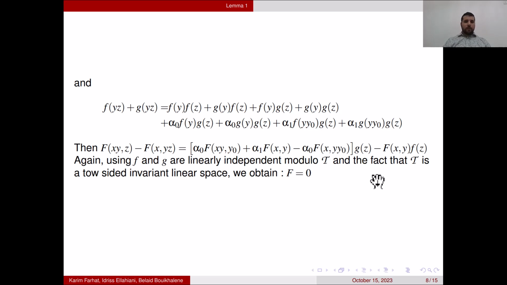Again, using that f and g are linearly independent modulo T, and the fact that T is a two-sided invariant linear space, we obtain F = 0. Then the lemma is proved.